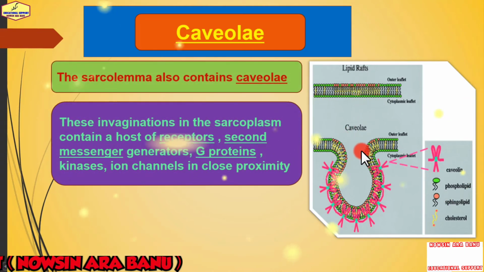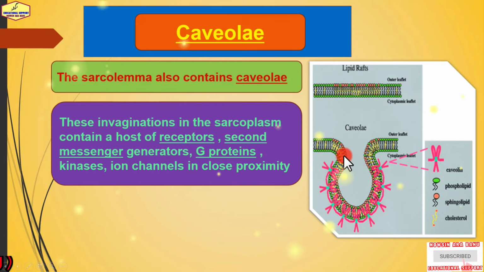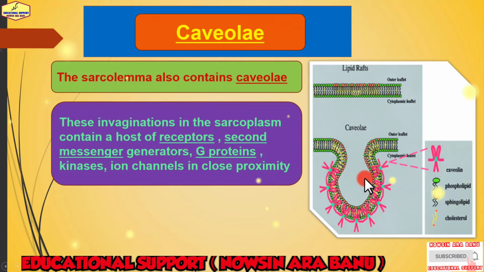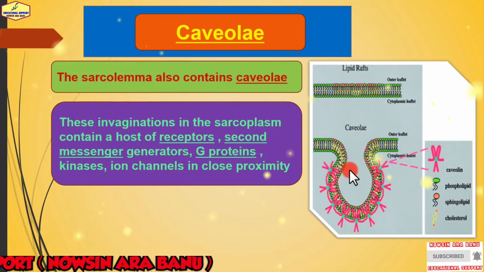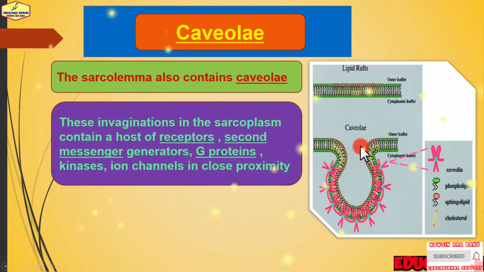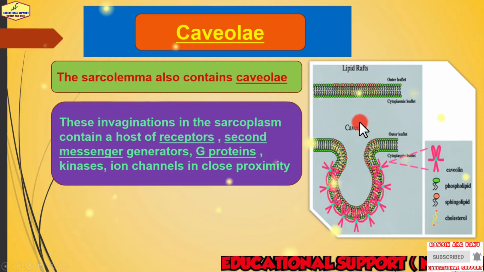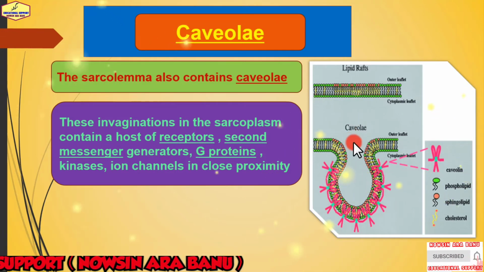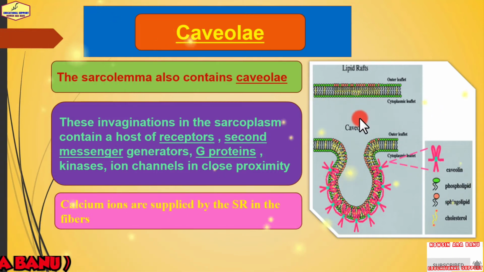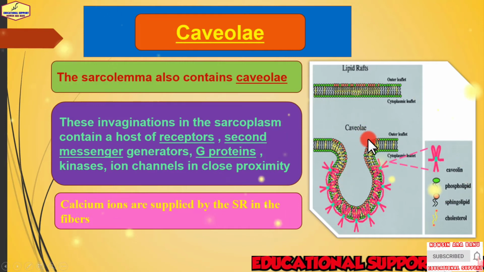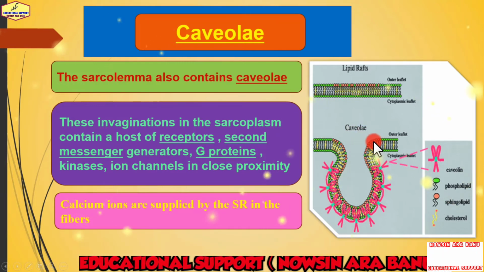This invagination in the sarcoplasm contains a host of receptors, second messenger generators, G proteins, and ion channels in close proximity. Calcium ions are supplied by the sarcoplasmic reticulum in the fiber and from the extracellular fluid through membrane indentations called caveolae.